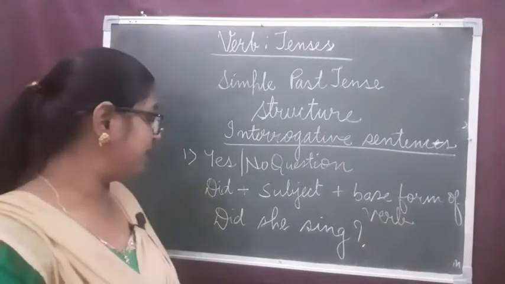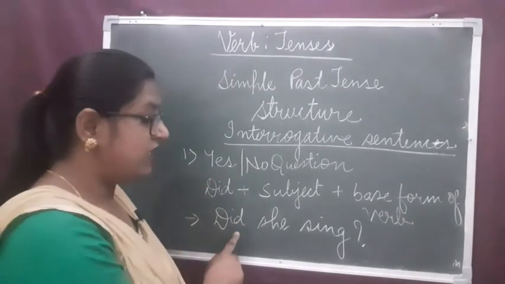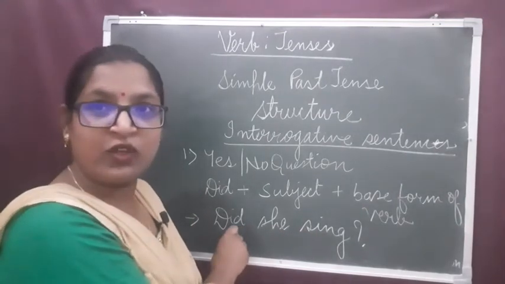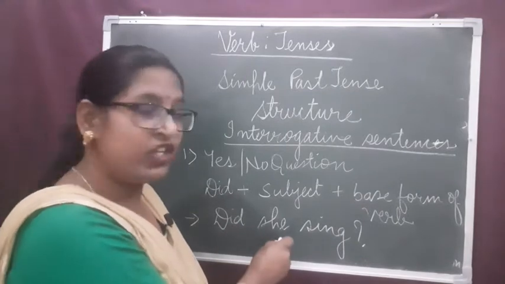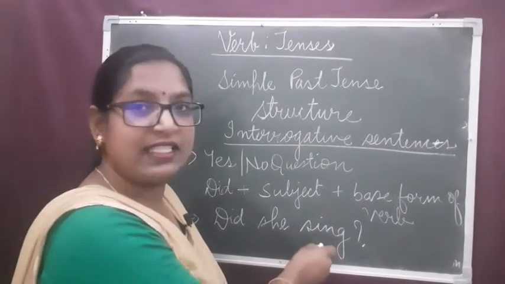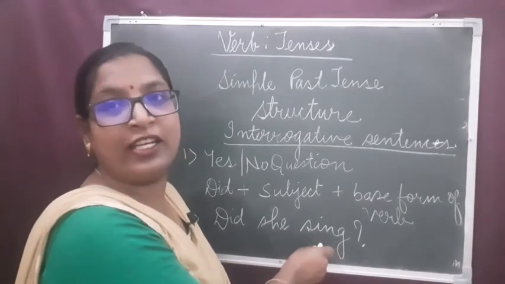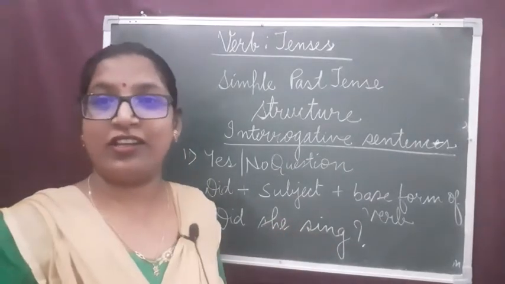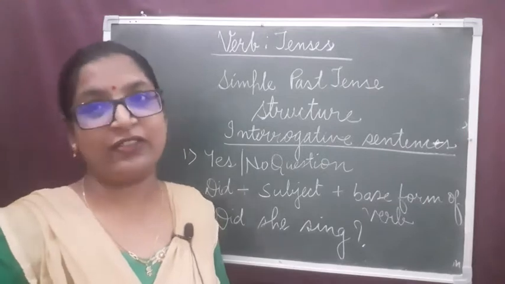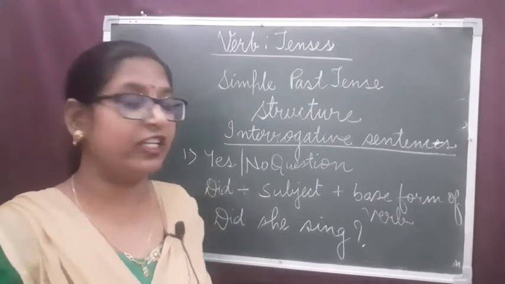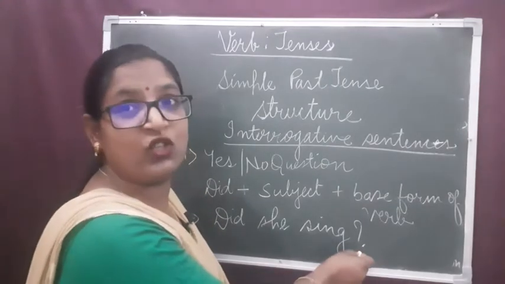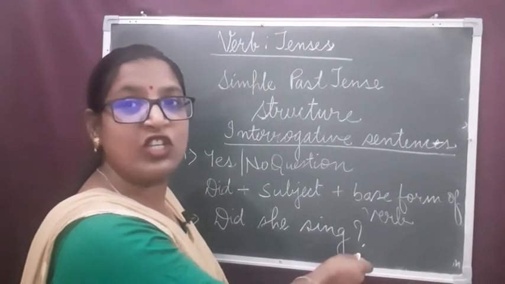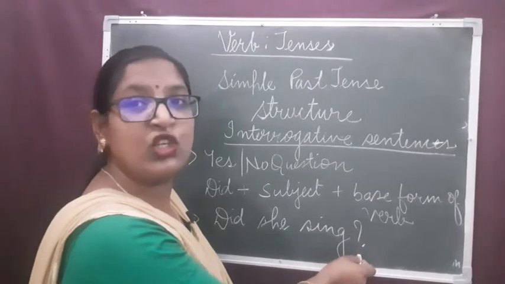Let's see the example. Did she sing? Did is the past tense form of the auxiliary verb do. She is the subject and sing is the main verb in its base form. Did she sing? And dear children, whenever we frame interrogative sentences, never forget to put the question mark at the end, the final punctuation mark.